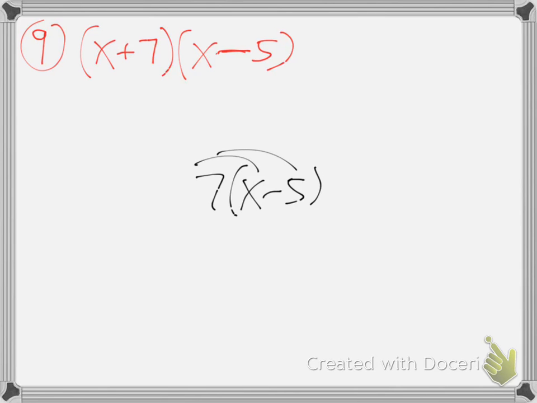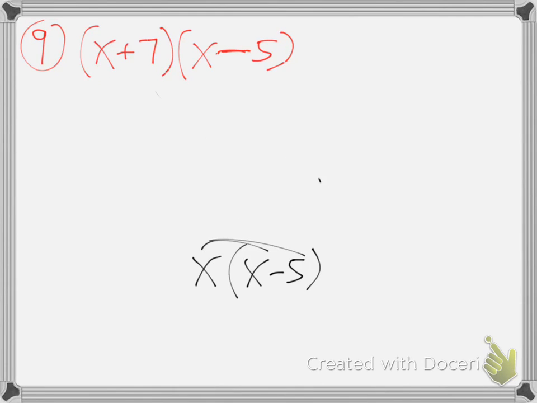Right. So that's the 7. Now, if I just gave you x in front of x minus 5, same thing, right? You just go boom, boom. Well, it's given us both, you see. It's given us both. So it's double distribution. Double distribution. So let's do it.